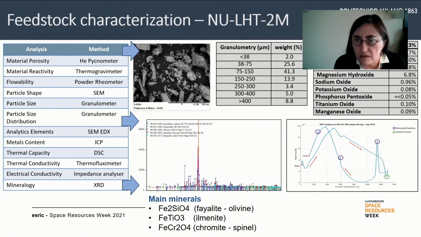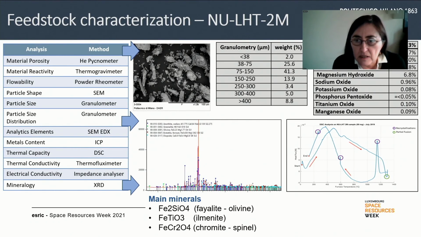Of course, we also did some characterizations of our simulants. We are working just with the Highlands simulants. We also have the Maria in-house, but still to be applied to the process, to understand some of the parameters to set up not only the test, but also the plant. We needed to understand the granulometry and the compositions.